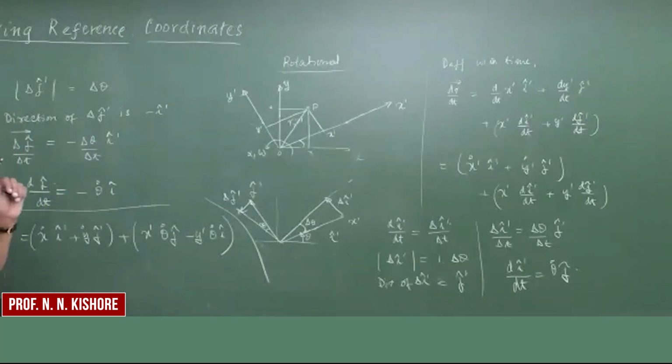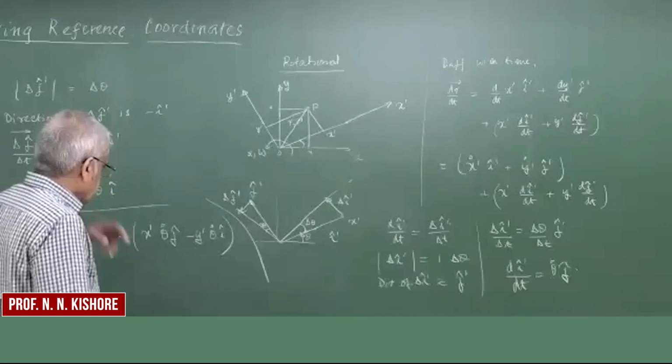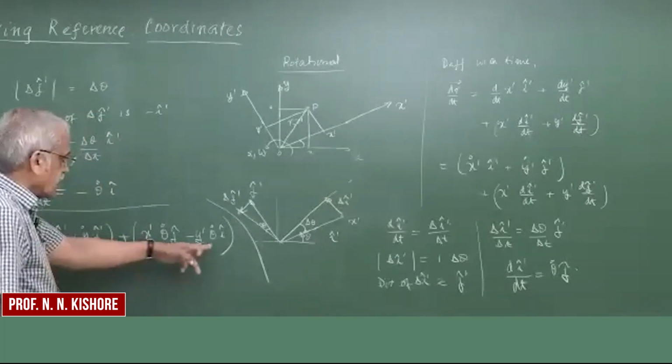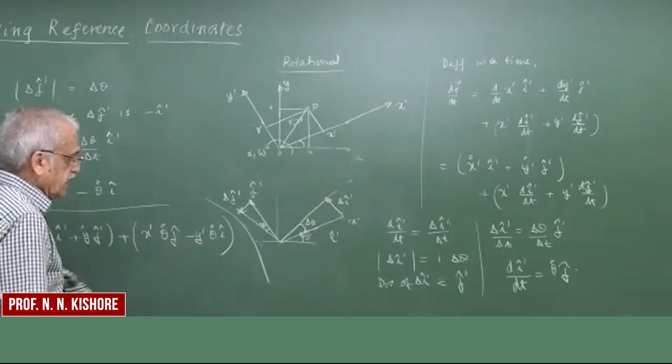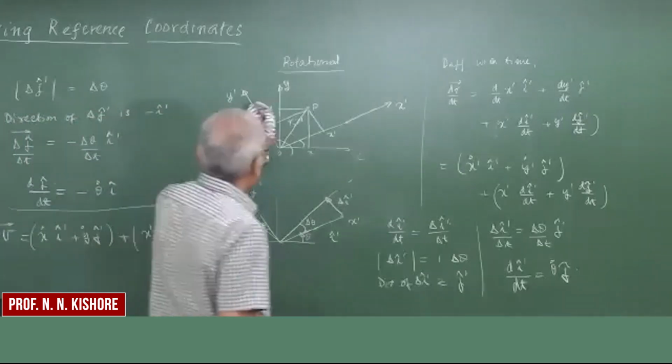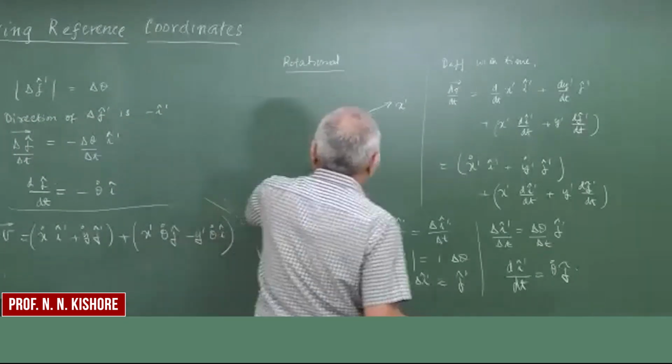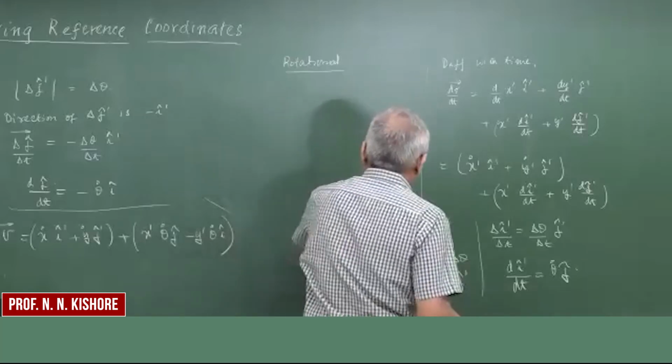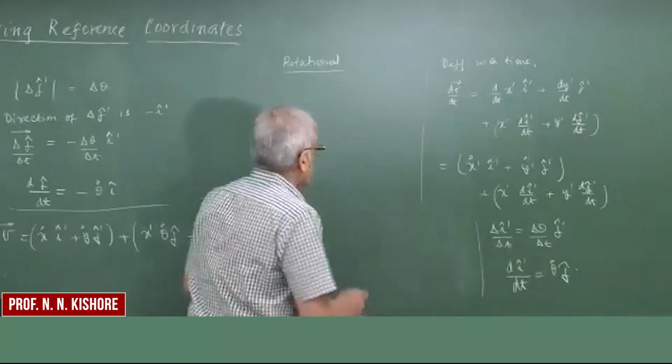Okay, and interestingly, now we can nicely convert theta dot j. Theta dot is an angular velocity, which can be considered as a vector.